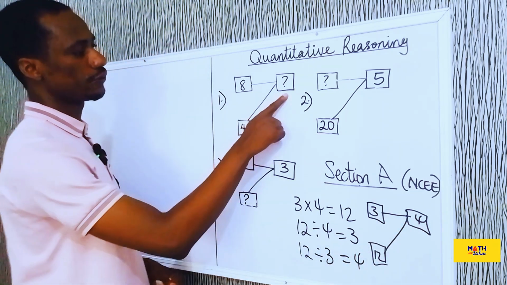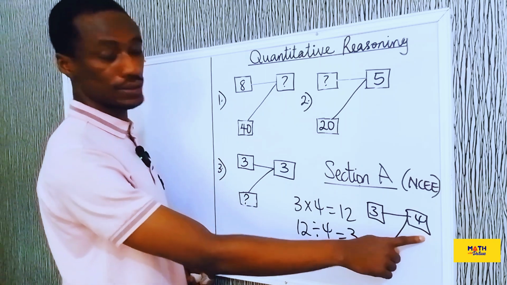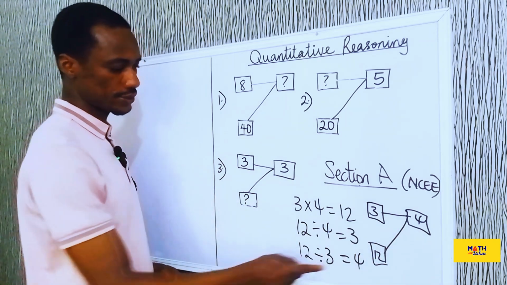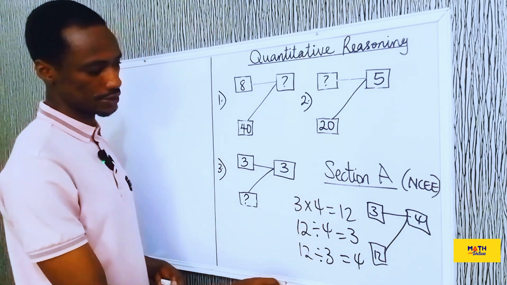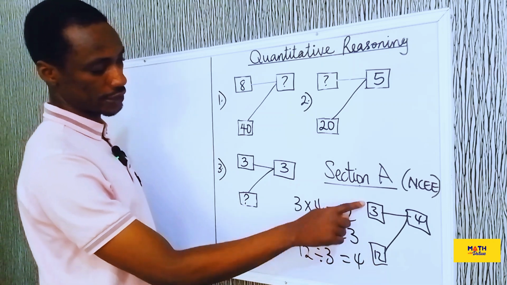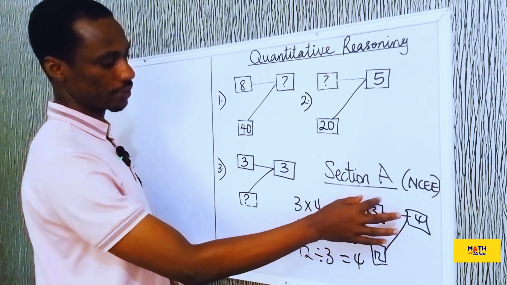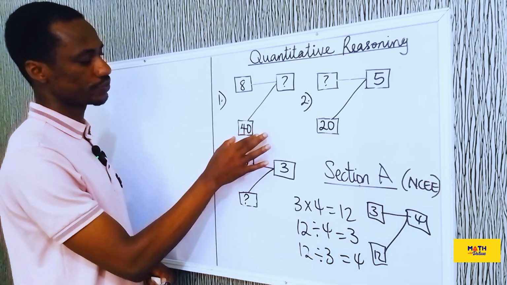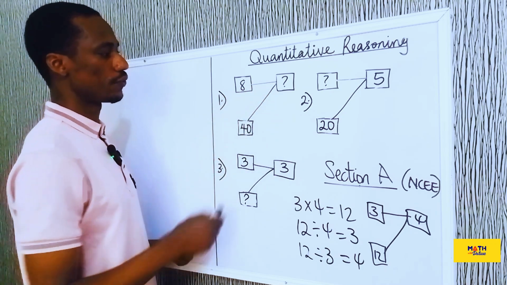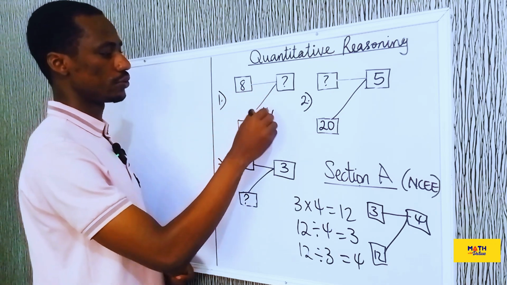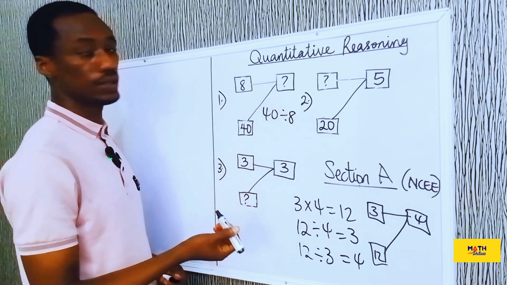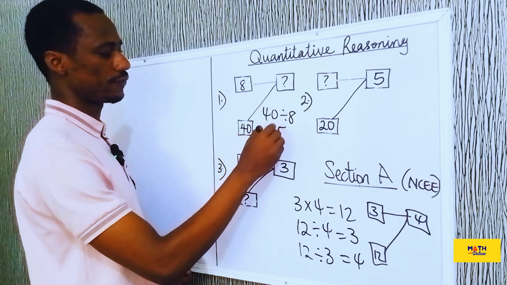We're looking for the missing one in the place of 4. How did you get 4 from our analysis? We did 12 divided by 3, so this divided by this. That means we're doing 40 divided by 8. So for number 1, we're doing 40 divided by 8, and that is 5.